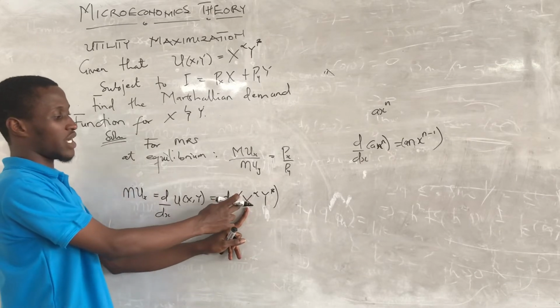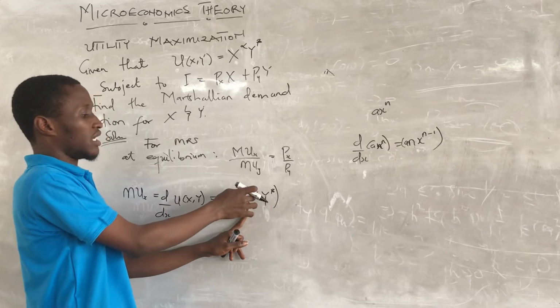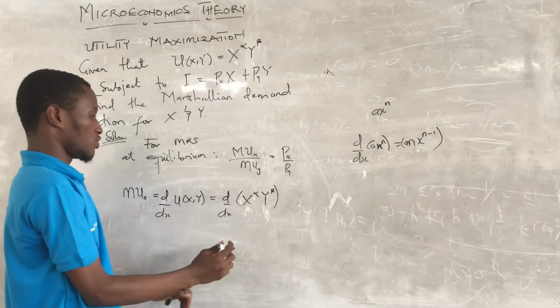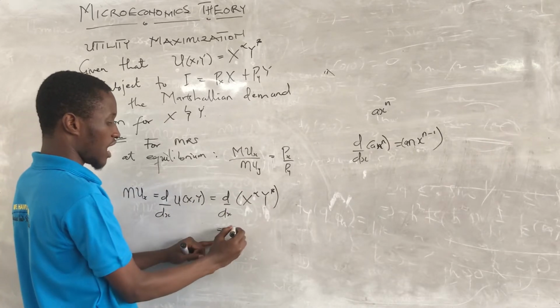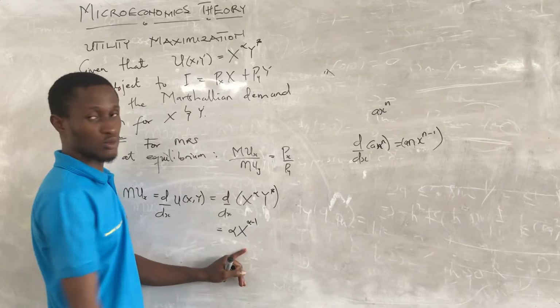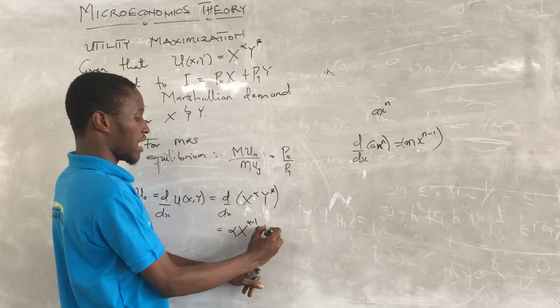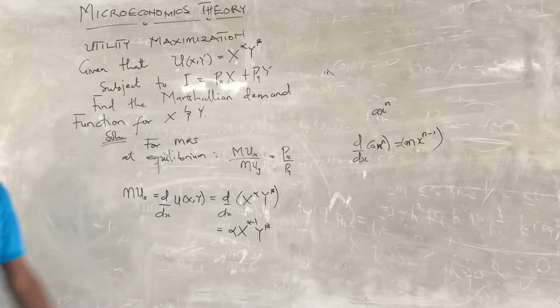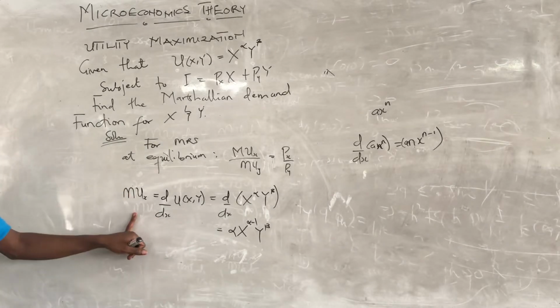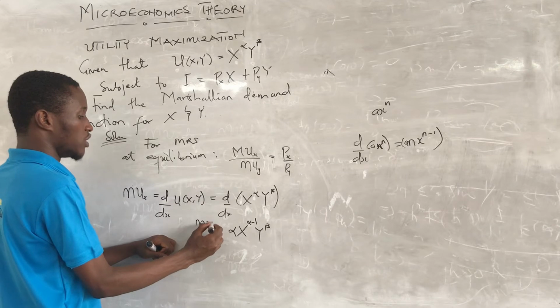The coefficient of x is the constant 1 and the exponent is alpha. So in that same approach, you have alpha x^(alpha-1), and I have y^beta, to be the derivative of U with respect to x, so that is the MUx.